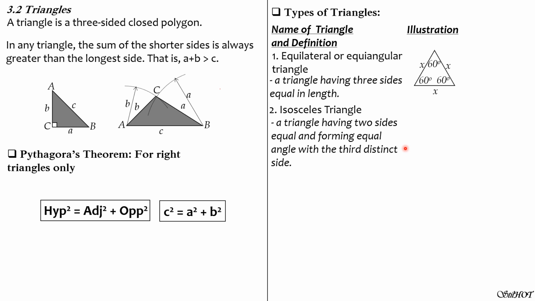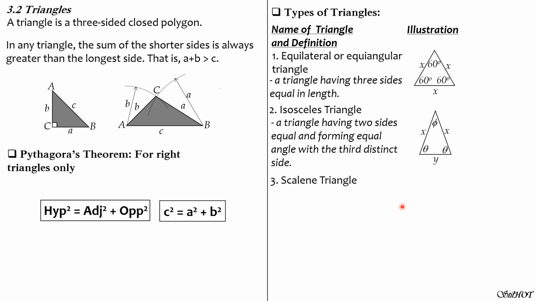Then if the angle opposite the unique side, or the hypotenuse, is 90 degrees, in other words, this isosceles triangle is a right triangle also. It is called an isosceles right triangle. So this is the illustration for this isosceles triangle. Two sides equal, and the angles opposite those equal sides are also equal.